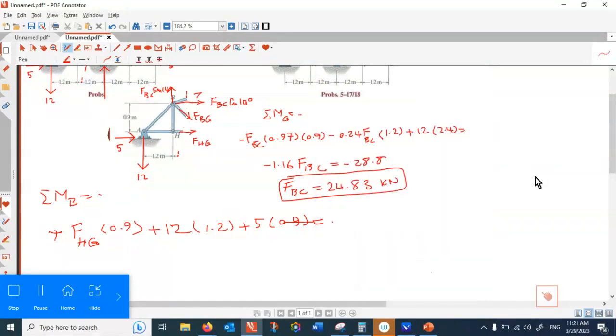So that is minus 21. FHG is minus 21. So that is in compression.